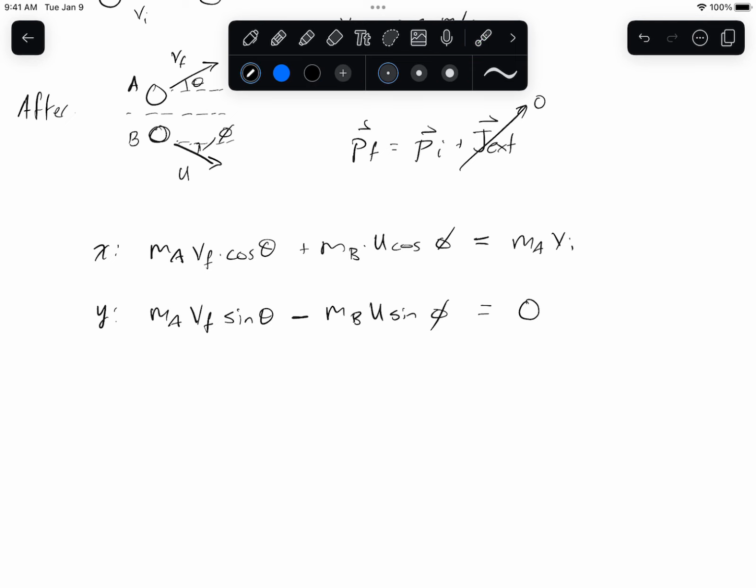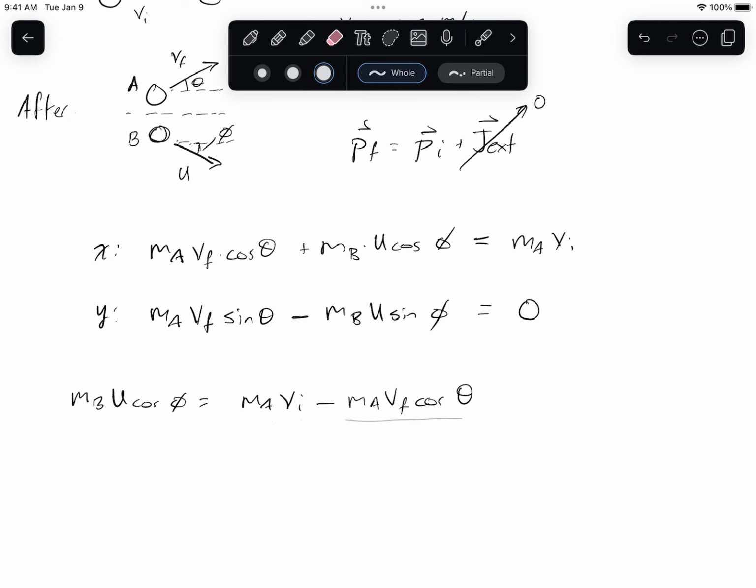So on the x-axis, the equation for the x-axis, I can get that u cosine phi is equal to (m_A v_Ai minus m_A v_Af cosine theta), and this whole thing is divided by m_B. Actually, I'm going to keep the m_B here. Let's keep it on the left-hand side because it's going to make it a little bit easier to do the algebra.